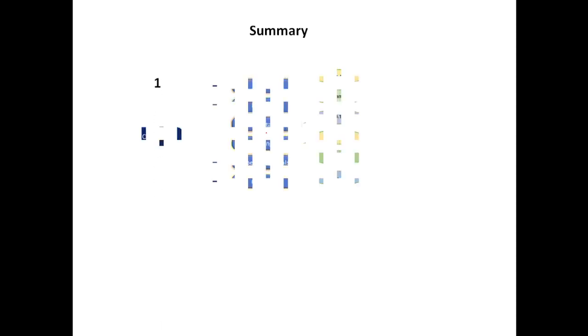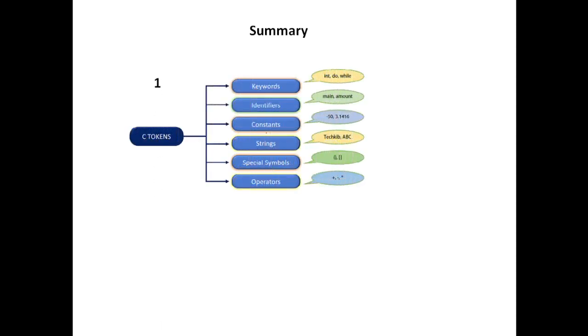So it is time to summarize. In this video we have discussed what C tokens are, and we have seen the different types of C tokens. A classification of the C tokens: keywords, identifiers, constants, strings, special symbols and operators.